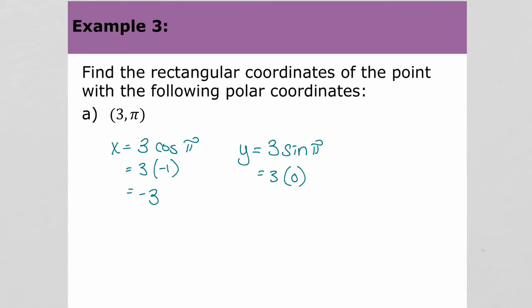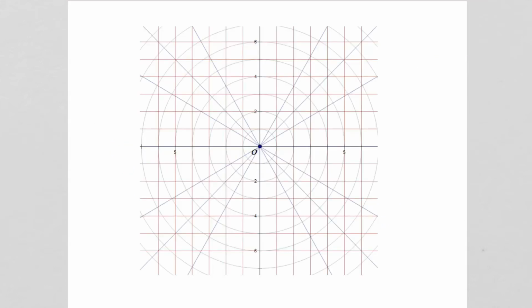Sine of pi is 0, so y is 0. So our point in the xy coordinate plane would be -3, 0. We can look here, and this is just to show you how it's the same point. So the point -3, pi would be right here. And you can see that on the xy coordinate plane, I've superimposed them, laid them on top of each other, that is also the point -3, 0.